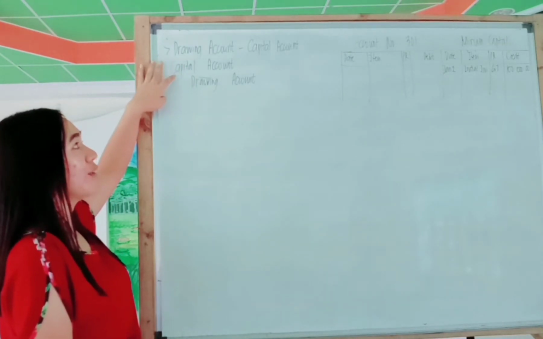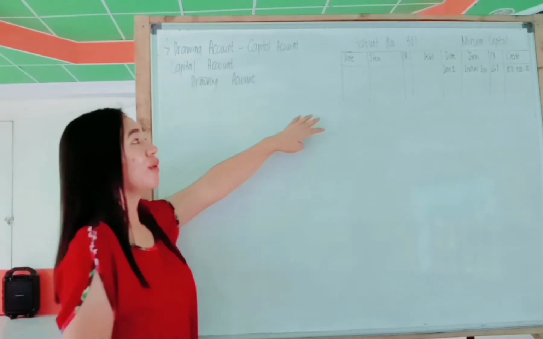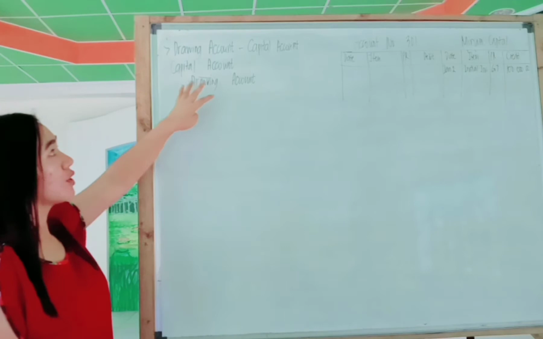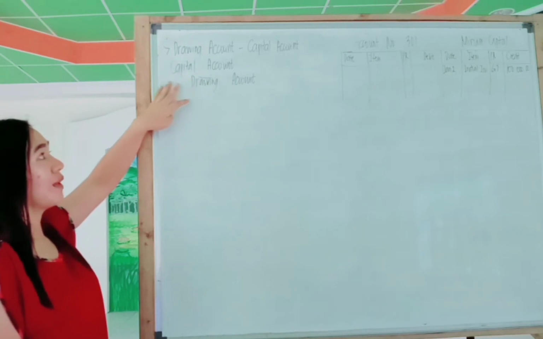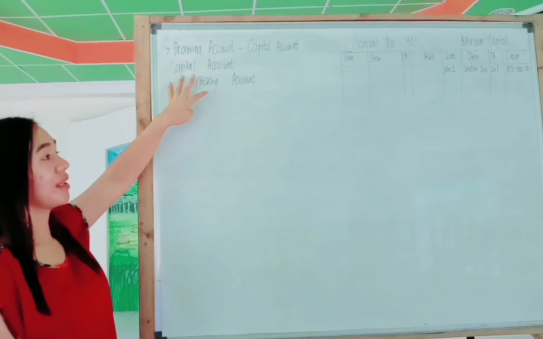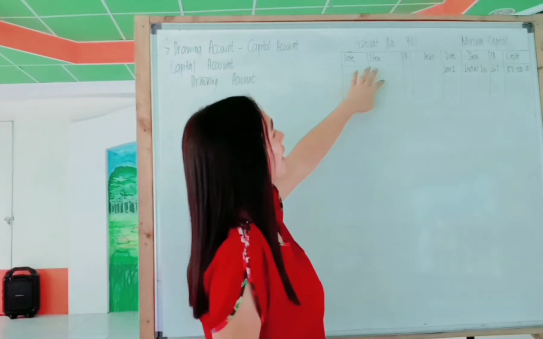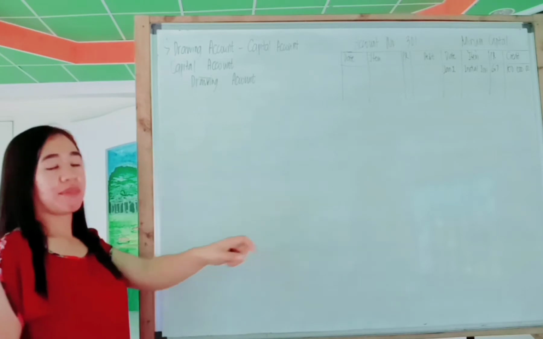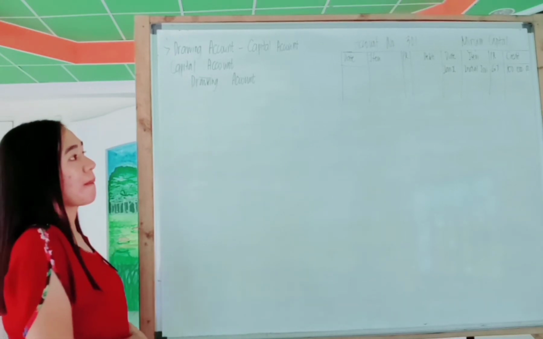Yung amount na close natin sa capital account will go to the debit side of your capital account. So, halimbawa, during January, may withdrawal si Miriam na 30,000. Ipapasok natin dito yung 30,000. So, ang balance at the end of the year ng Miriam Capital is 70,000 pesos.